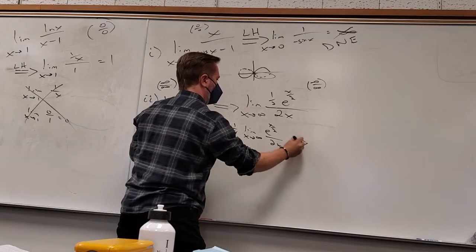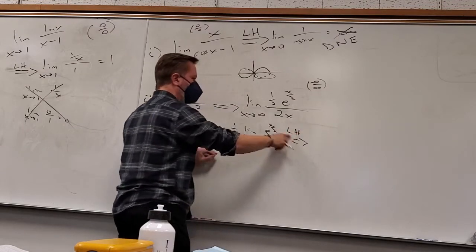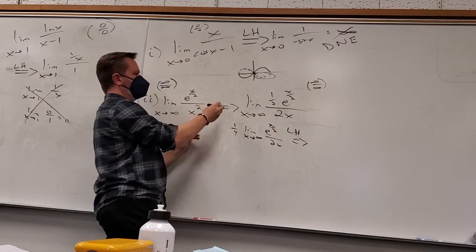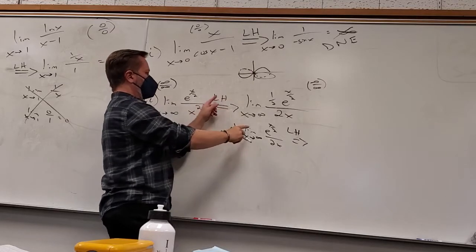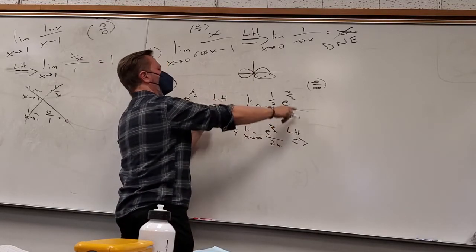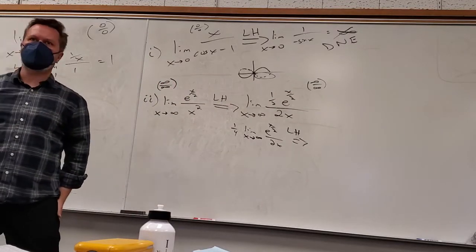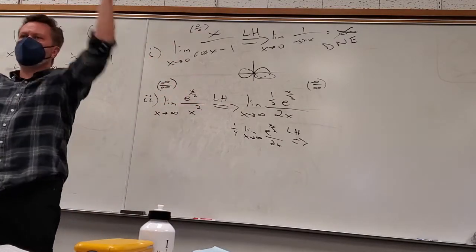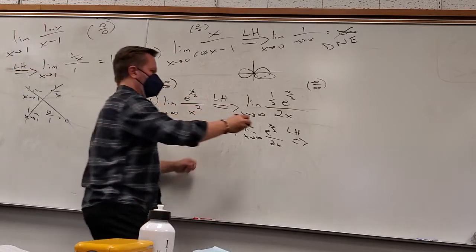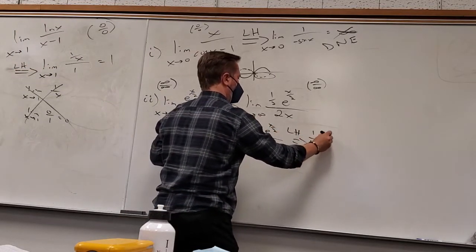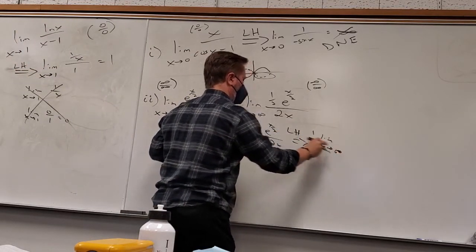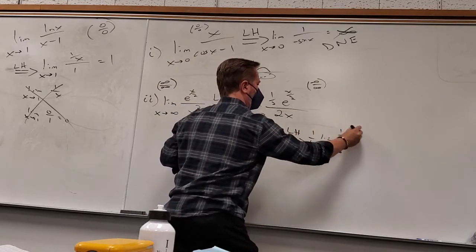And now I can apply L'Hopital's. I can do it again, of course. I can keep applying L'Hopital's until it's not indeterminate, because when does L'Hopital's work? When it's indeterminate. If it was still indeterminate, I could do it again. It's crazy. So I get 1/4 times the limit. The derivative of this we already did.